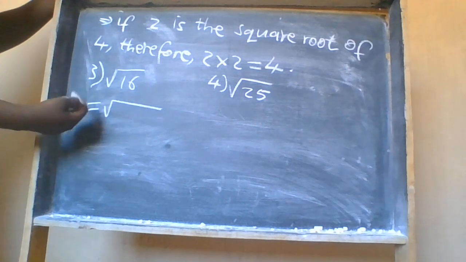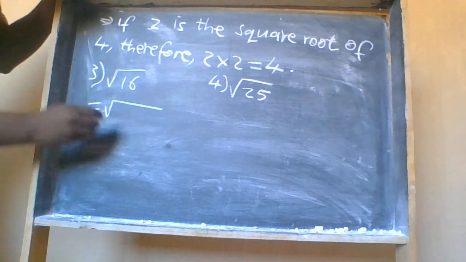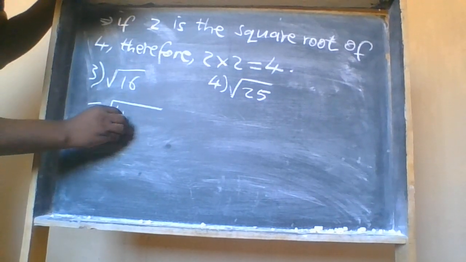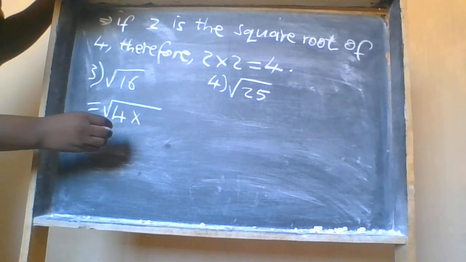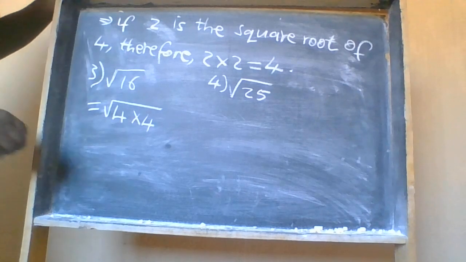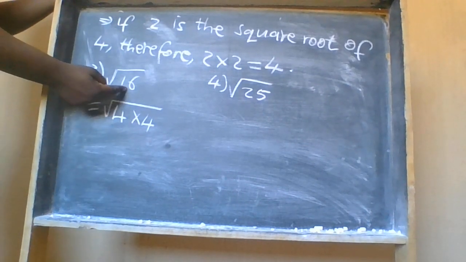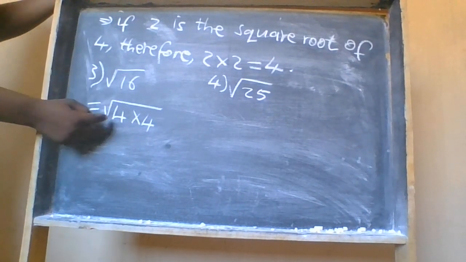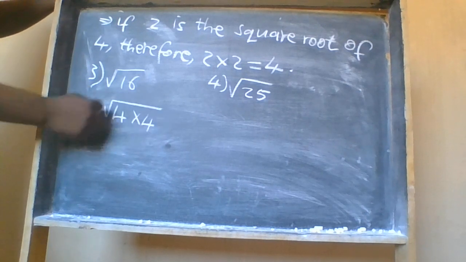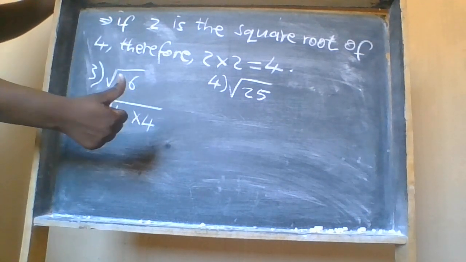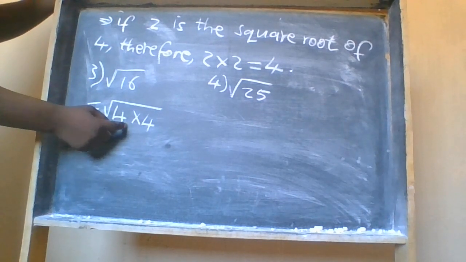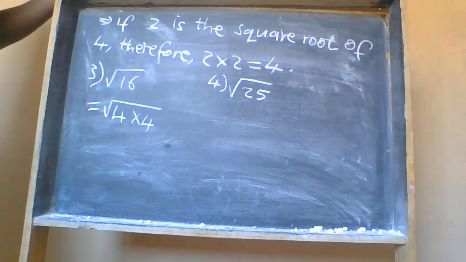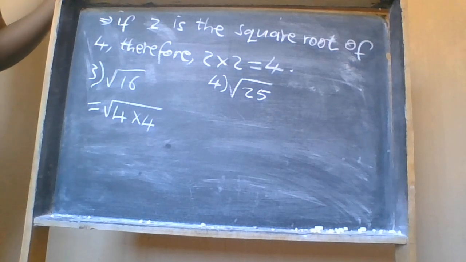In this case, it is 4 times 4, which gives us 16. So the moment within the square root you have two numbers which are the same, then you know that was the original number which gave you the upper number there, which is 16.